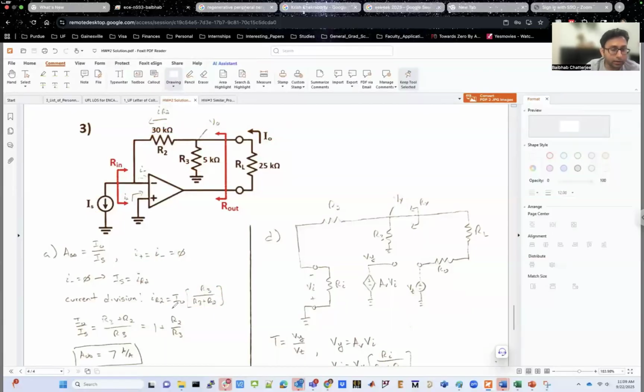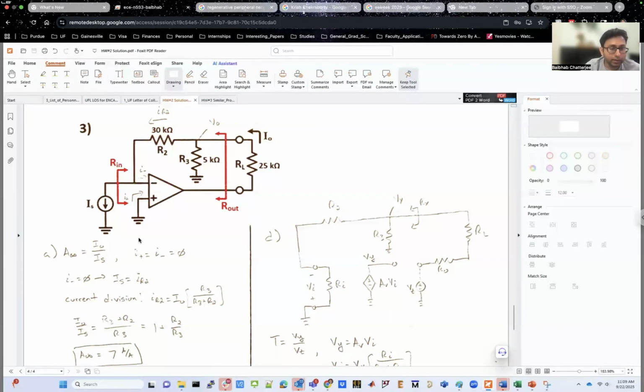So IR2 is equal to I naught times R3 divided by R3 plus R2. And IR2 is exactly equal to IS, because whatever flows through R2 has to be IS, since there cannot be any current flowing into the op amp. So IS is equal to IR2, and IR2 equals I naught times this current division. So you can find out what I naught over IS is, and that's going to be 7 in this case.